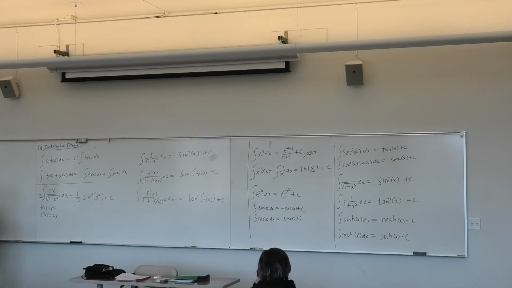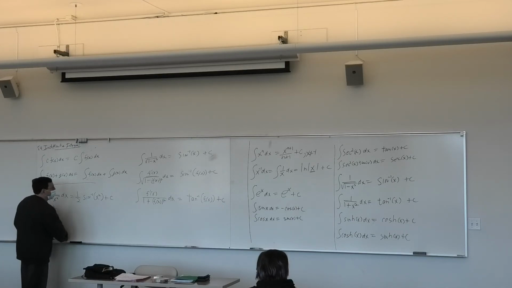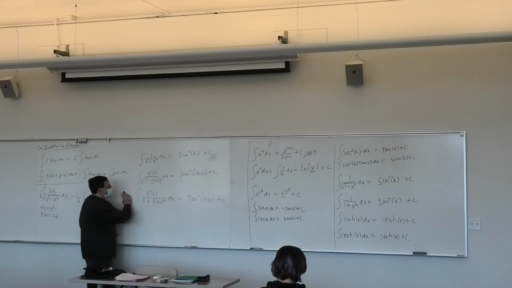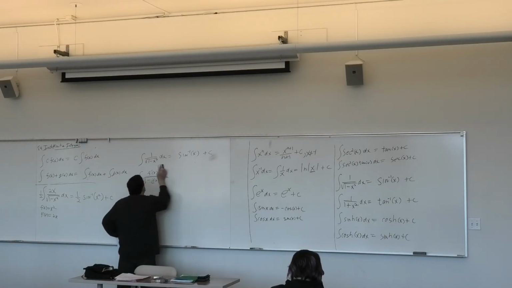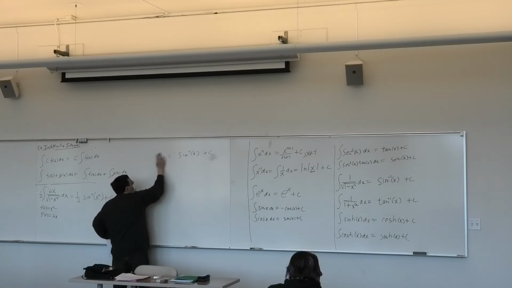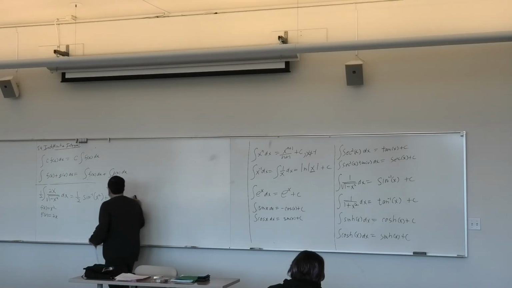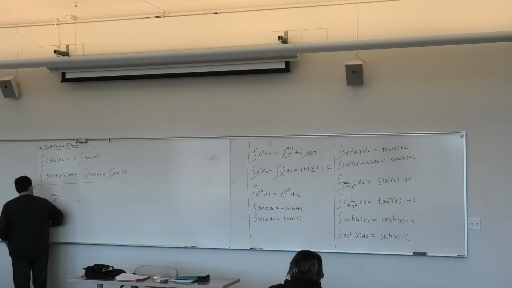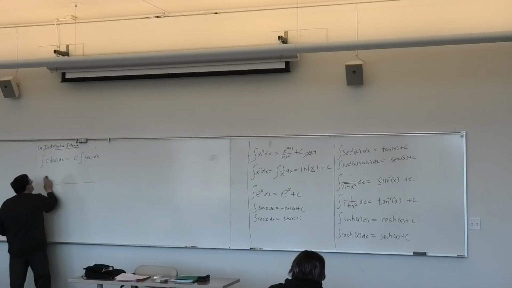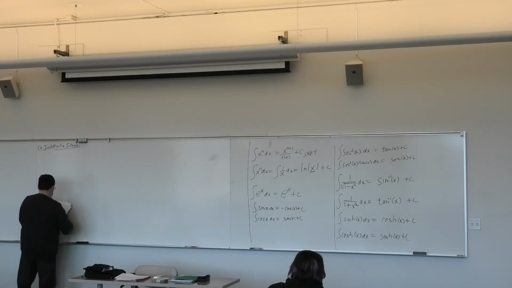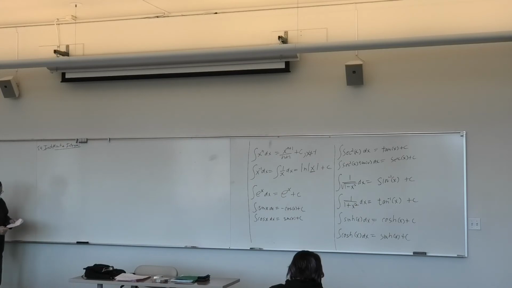Okay, I just have 2 more problems in mind here I want to go over. One of them isn't really all that tricky if you just see it for what it is, but you may run into it in this class.